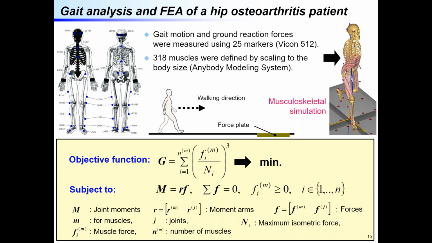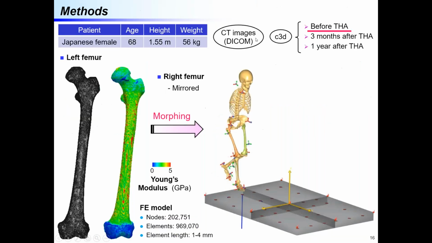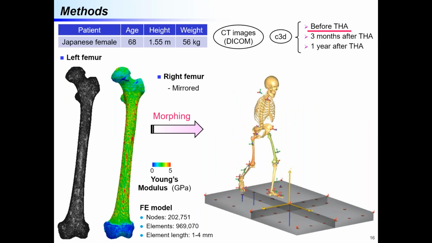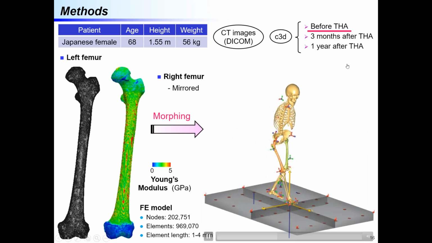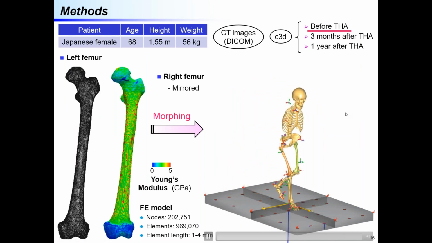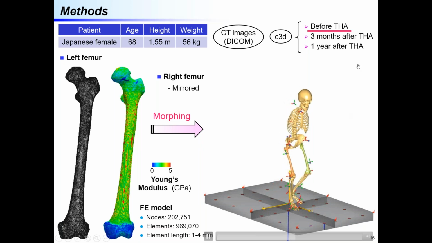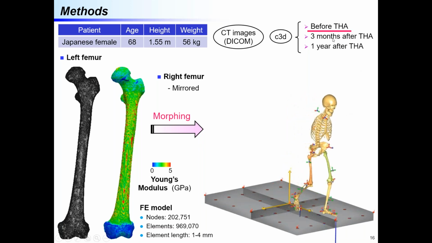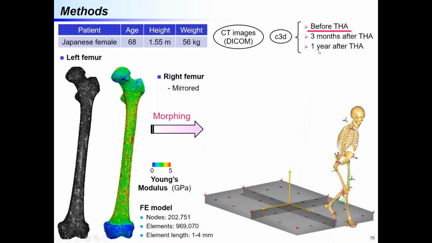As you know, using the optimization technique, the joint reaction forces and muscle forces can be calculated on the AnyBody modeling system. In this case, the analysis target is the gait motion of a Japanese female, who suffers in the left femur, before THA, 3 months after THA, and 1 year after THA.